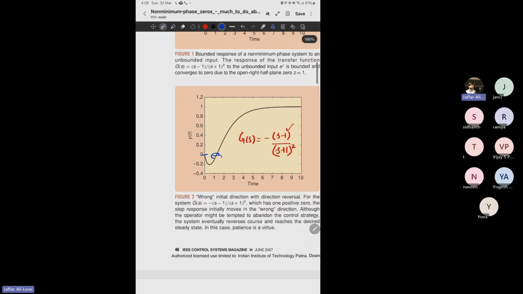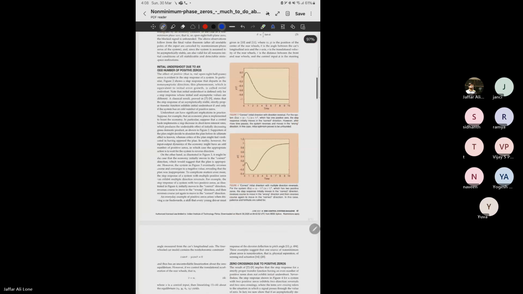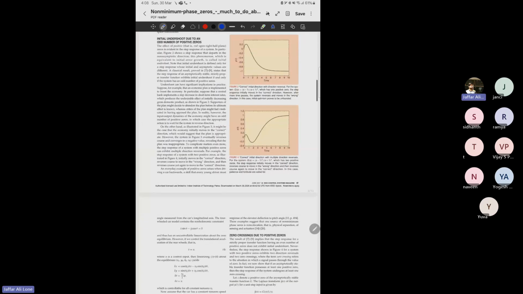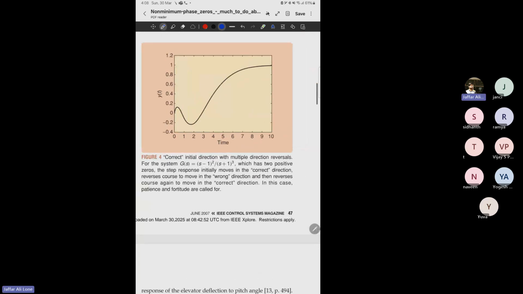Now let's go to another figure. Let's say this figure. The system here is G(s) = (s - 1)^2/(s + 1)^3, right?